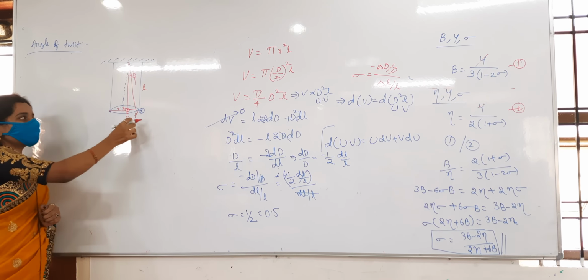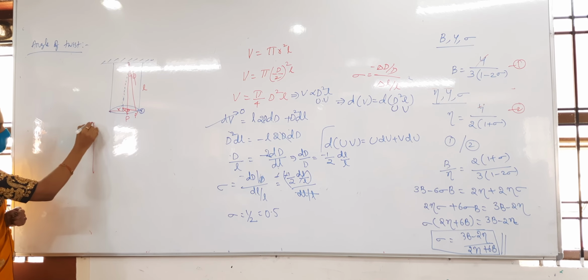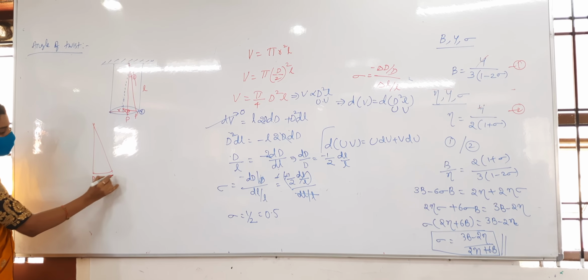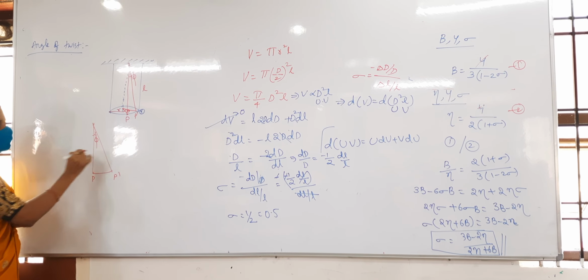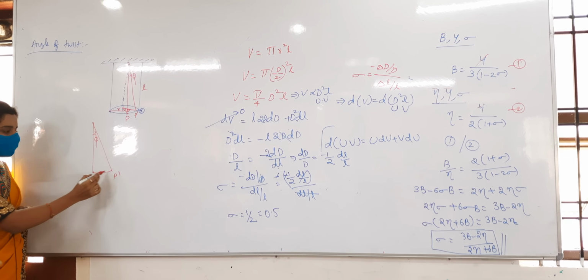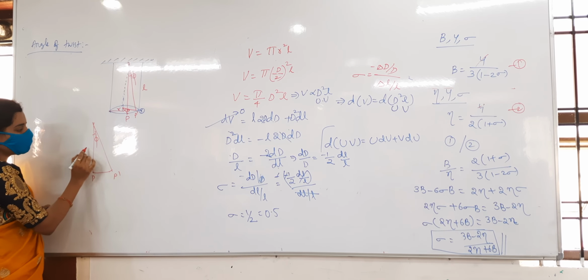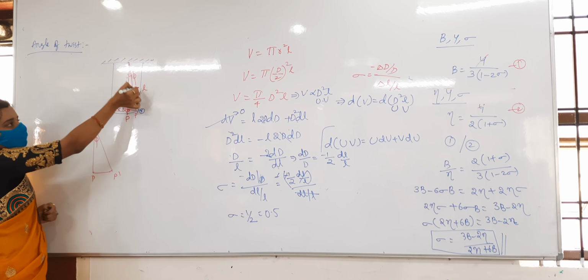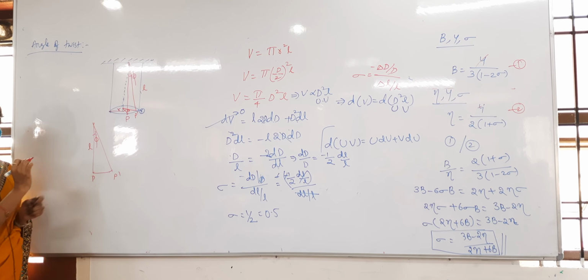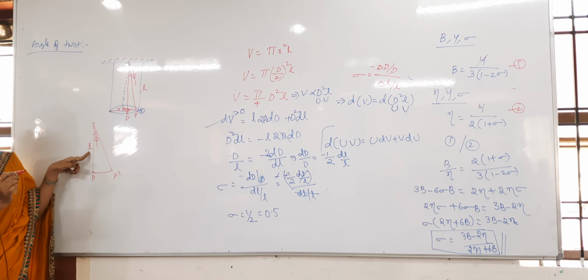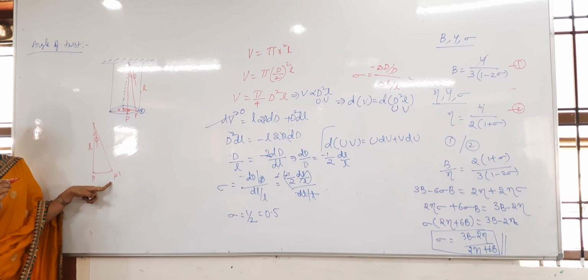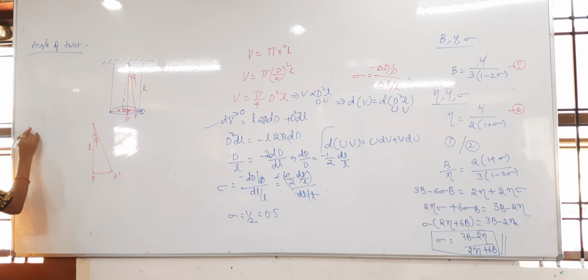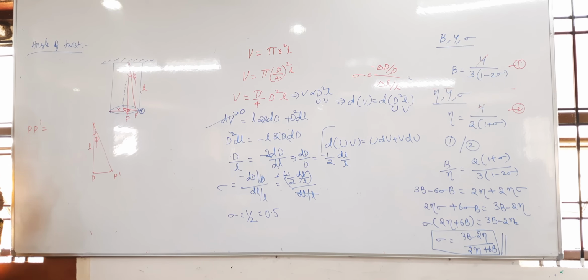If you draw the bigger sector, it is like this, P and then P dash, and the angle of shear is phi. So what can I write for P to P dash? The big sector radius is L, and the arc length is P to P dash.